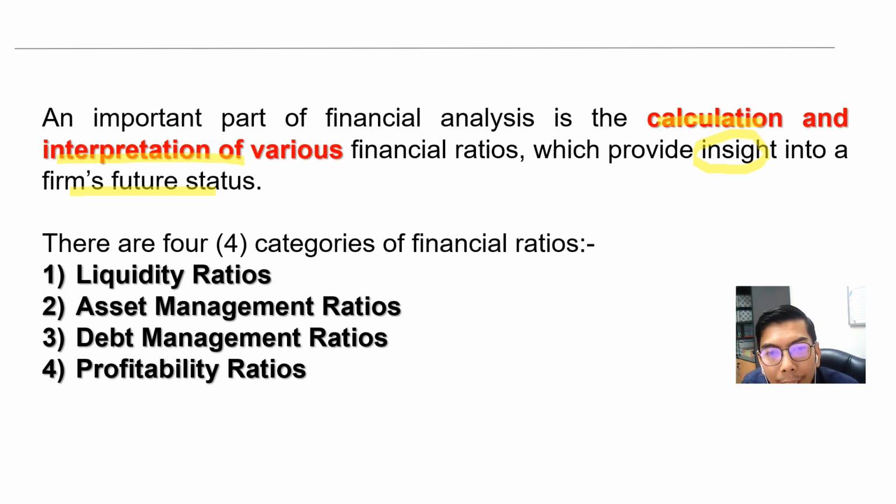Basically there are four categories of financial ratios: liquidity, asset management, debt management, and profitability ratio. Liquidity is really important in any business. Liquidity ni apa? Aset-aset yang kita boleh cairkan, meaning that we can convert that asset into cash in a short period of time. Sometimes, as you know, business ni ada up and down.